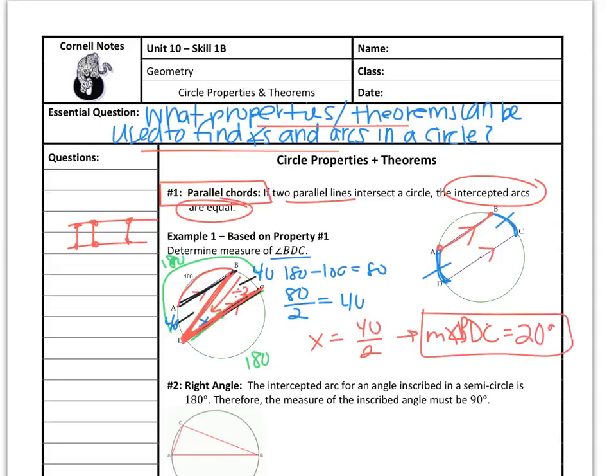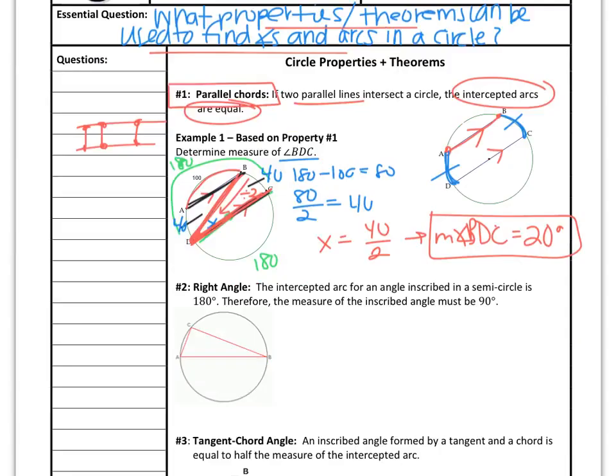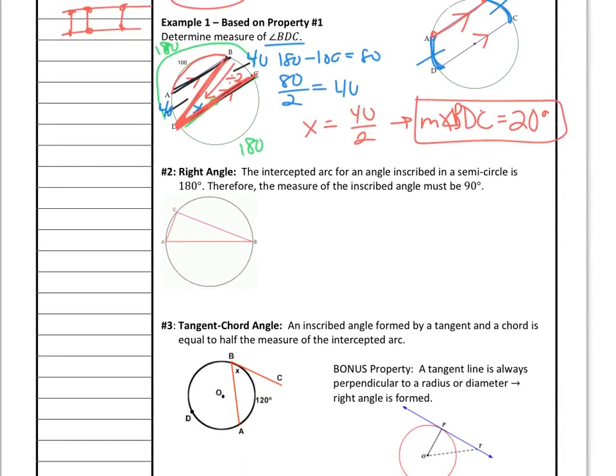Okay. The next one we've got is a theorem or a property about a right angle. It says the intercepted arc for an inscribed angle in a semicircle is 180 degrees. So let's see what that's talking about. Here's an inscribed angle, and it's intercepting this semicircle, because again, this is going through the center.